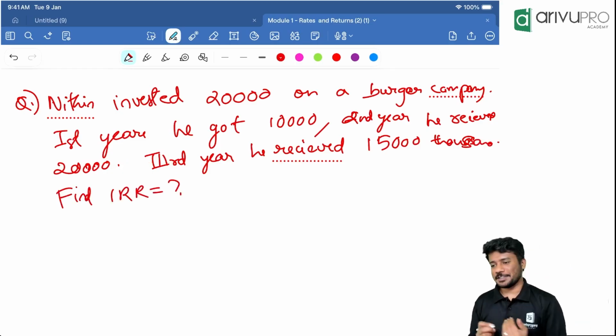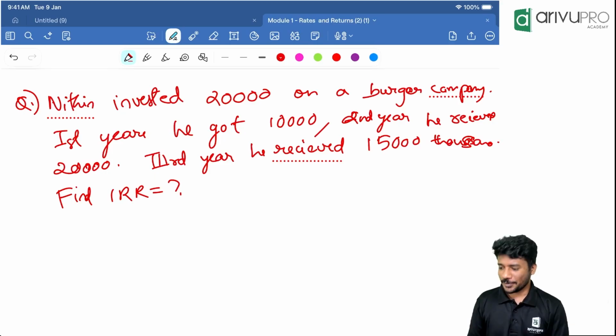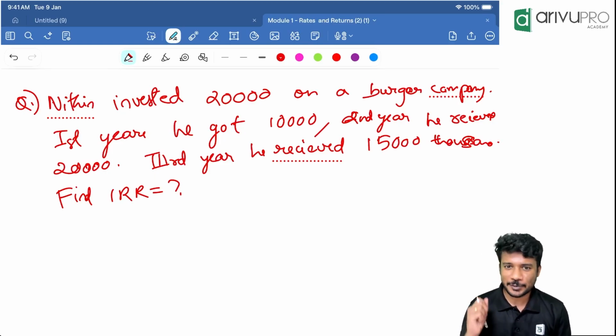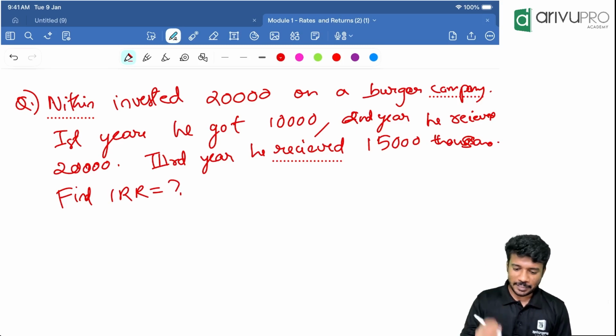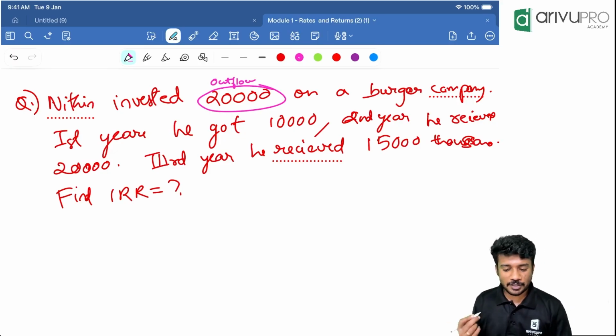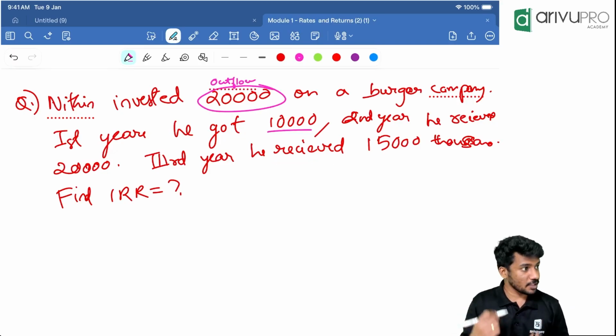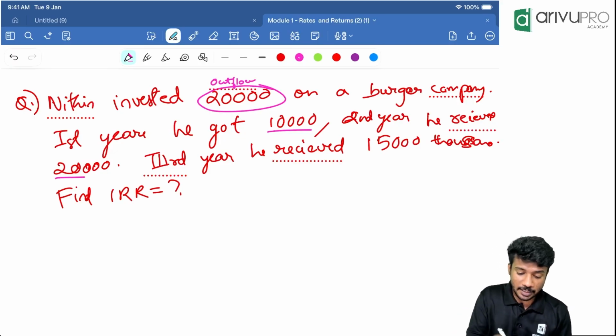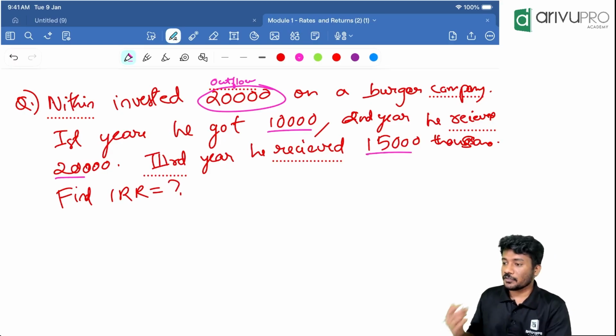What is the method? The method is very, very direct. Since cash flow is involved, we will use our cash flow button. The initial investment is 20,000, that is nothing but our outflow. Based on that, 10,000 is our first inflow, 20,000 is our second inflow, and 15,000 is our third inflow.